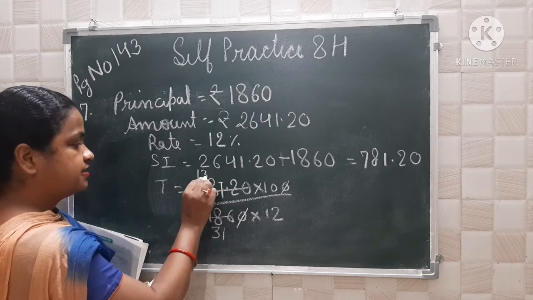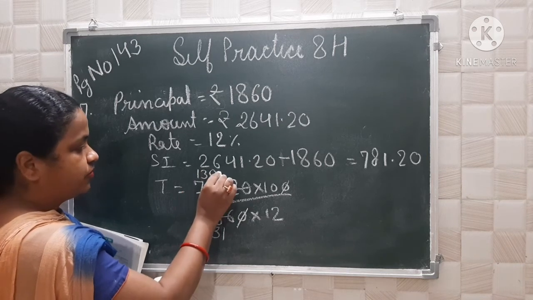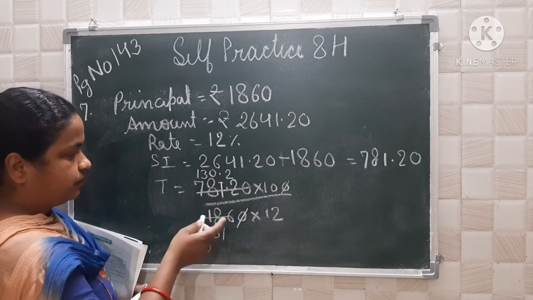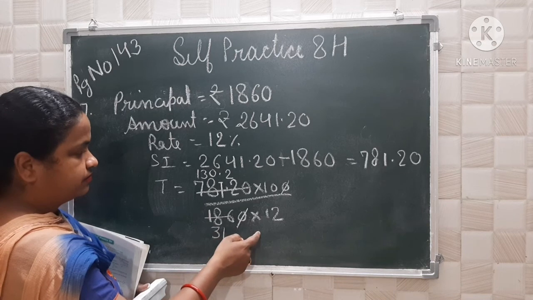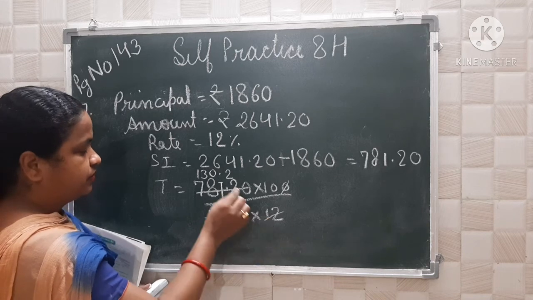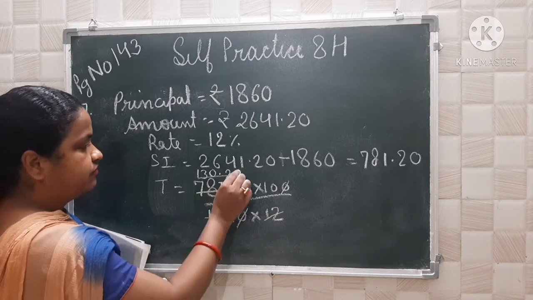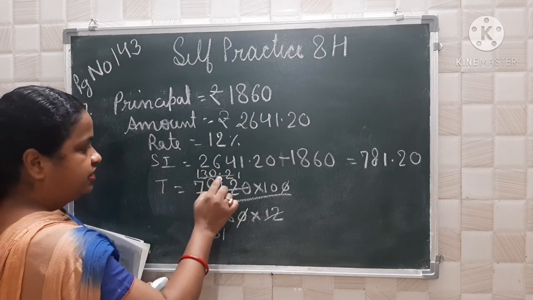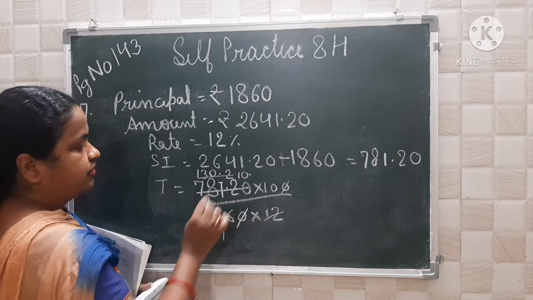Okay. Now 12 table. 12 1s are 12. It will not go.